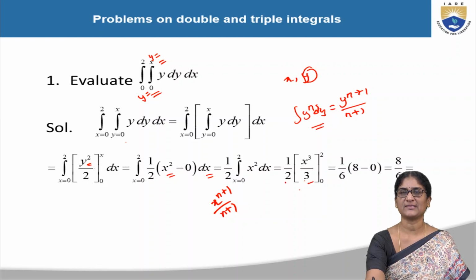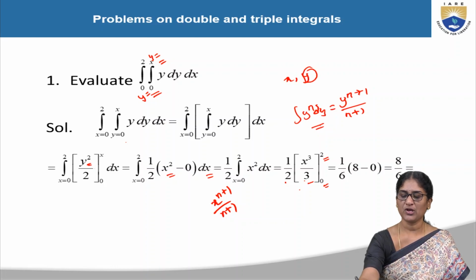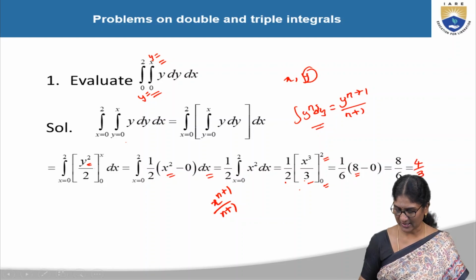So 2 into 3 is 6. Now it is free from integrals. The last thing left is applying the limits. The upper limit is 2 and the lower limit is 0. So we get 2 cubed, which is 8, minus 0, so 8 by 6 or 4 by 3. So this is the value. This is how we can solve a double integral problem, and it is very simple.